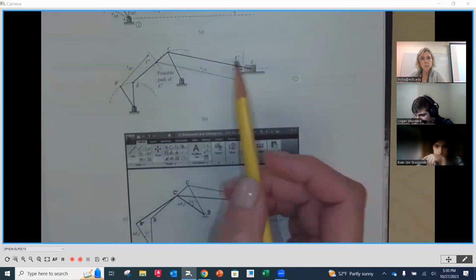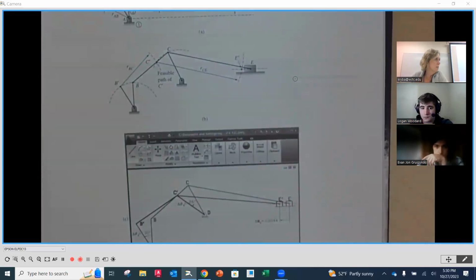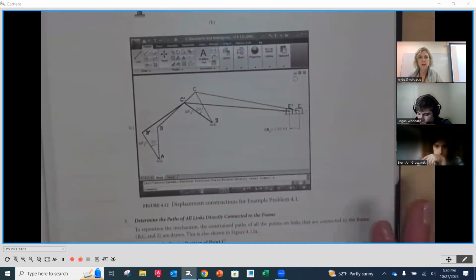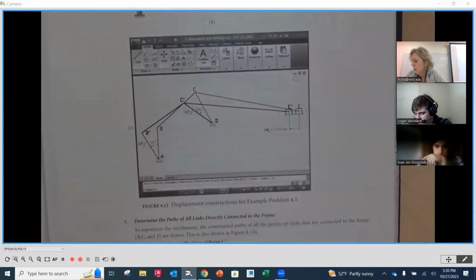Okay. And then we're going to draw in the new positions of each one of those links, kind of like connect the dots. Okay. And then you're going to notice down here is the result. So this is what you would end up with. You would show the two views, the before and the after.